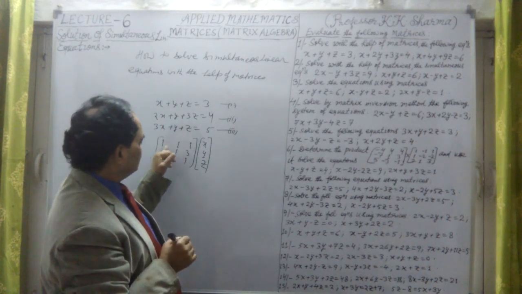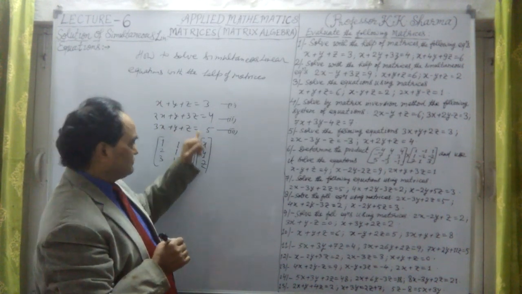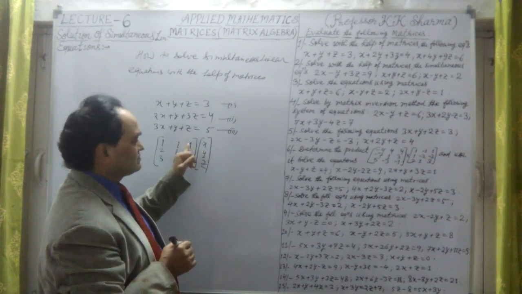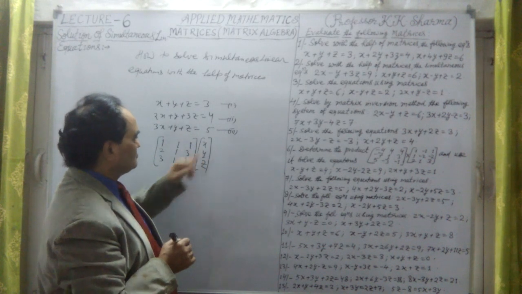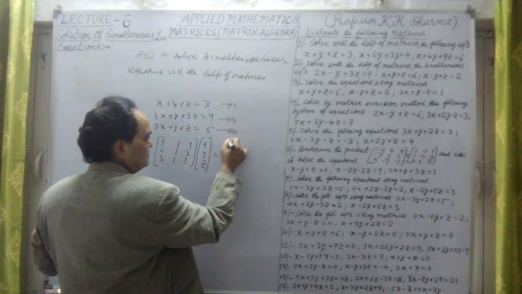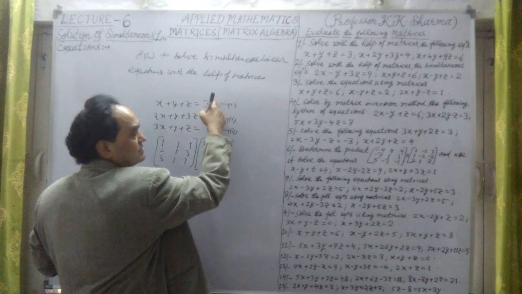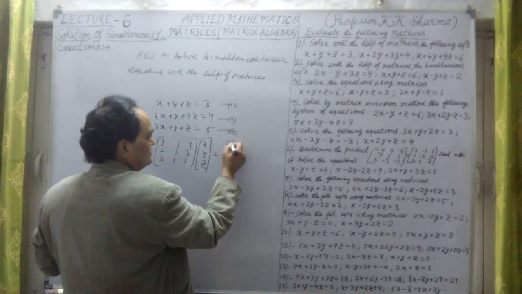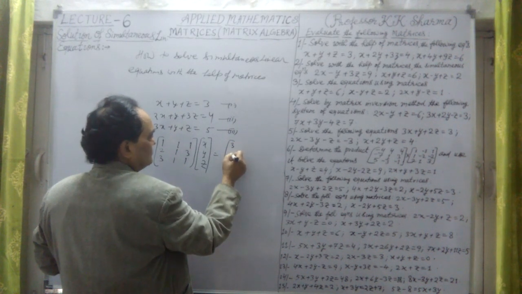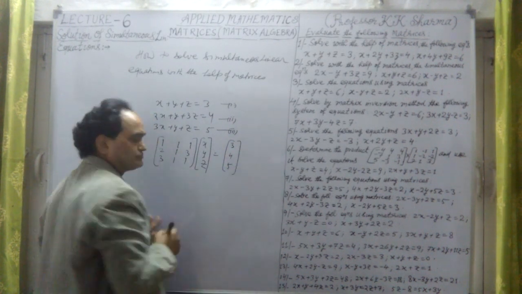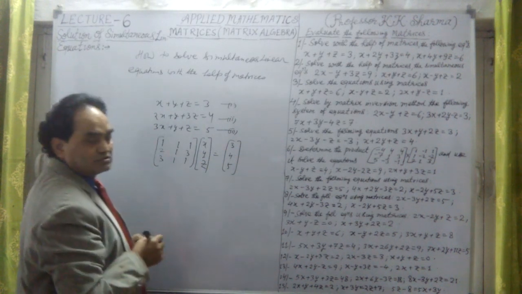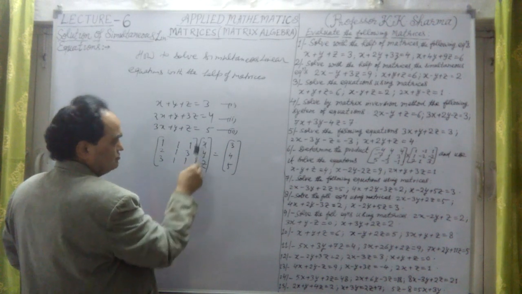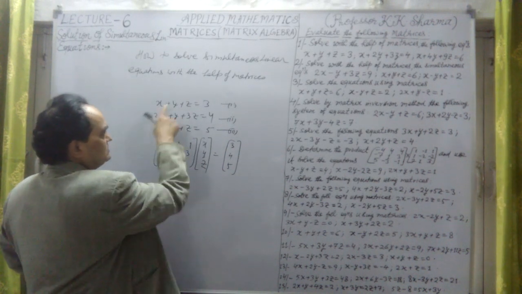Because if I multiply the first row with the first column, I get x plus y plus z equal to. The right hand side values 3, 4, and 5 are also written in column form. This is a column matrix. We write them this way because if I multiply this matrix by the column matrix, we will get these equations.